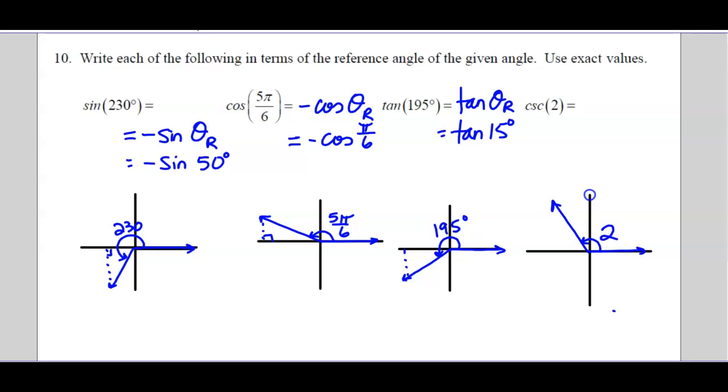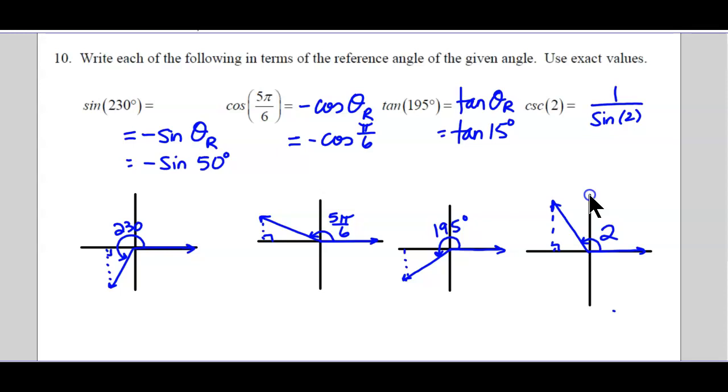Then our reference angle here, what are we finding? This is the same as 1 over sine of 2. Any of the reciprocal trig ratios are going to have the same properties as its primary one, because taking a reciprocal doesn't change a positive to a negative, or a negative to a positive.